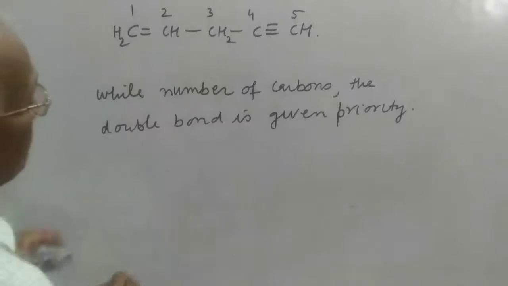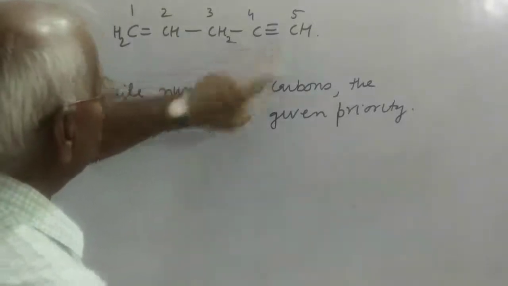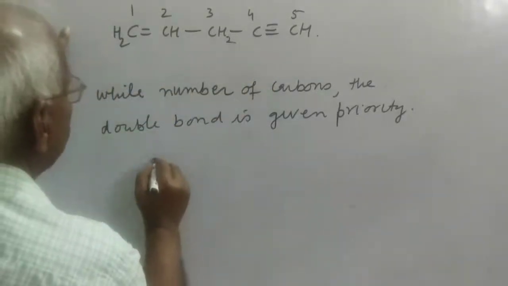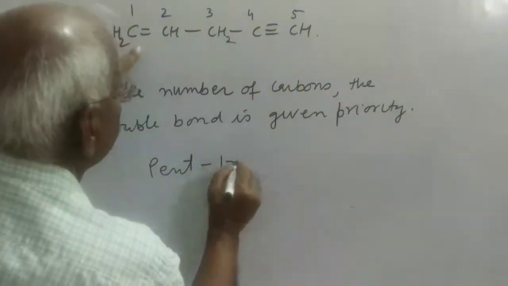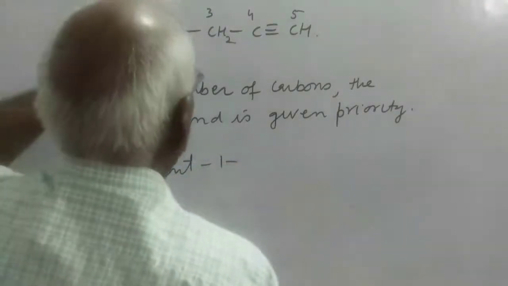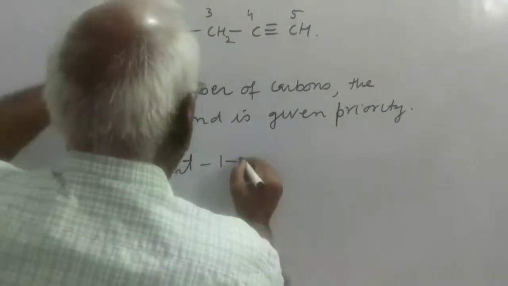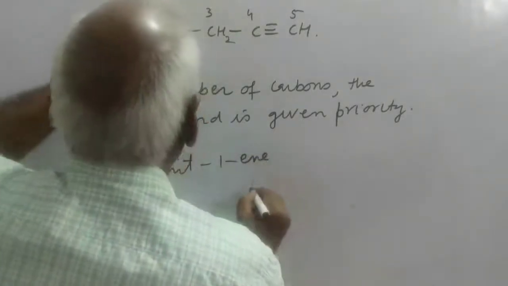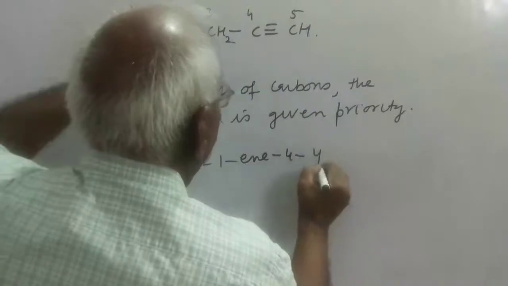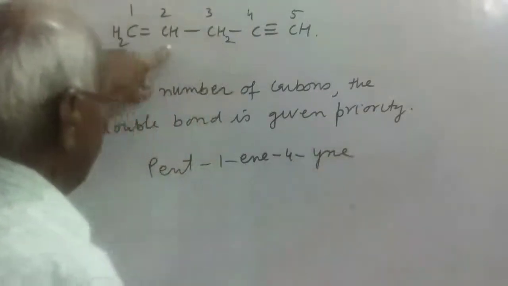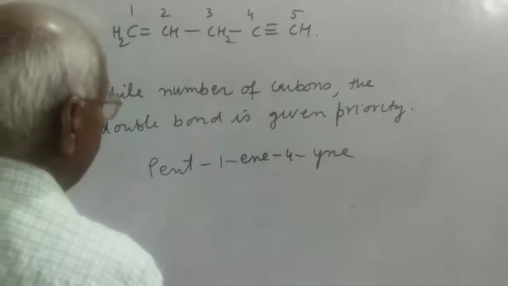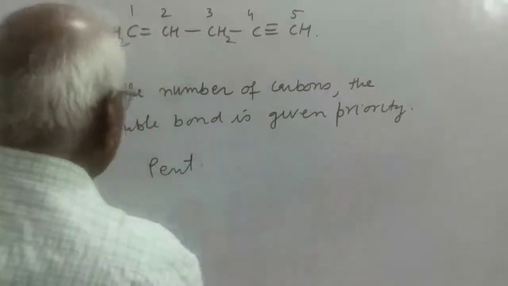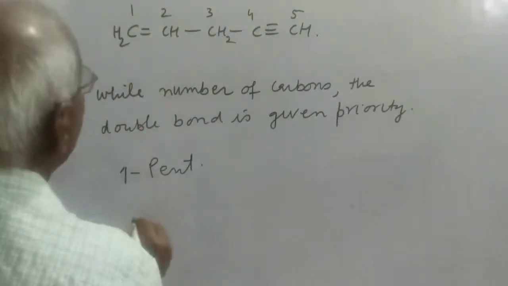So its root word is pent. Position of double bond is 1, so pent-1-en-4-yne. We can also write it like this, but this is not correct.